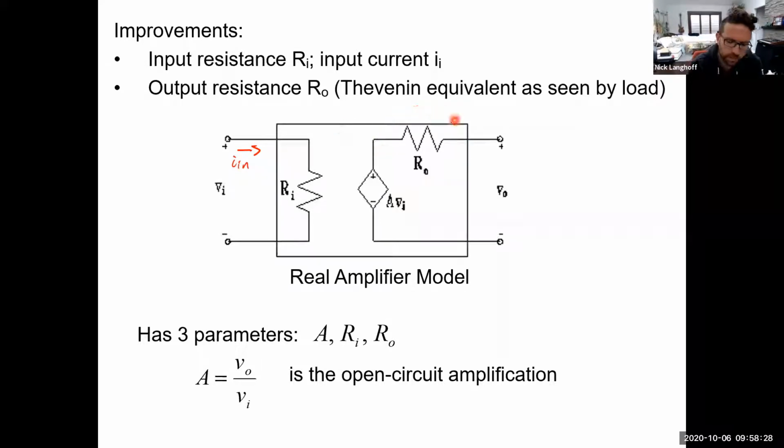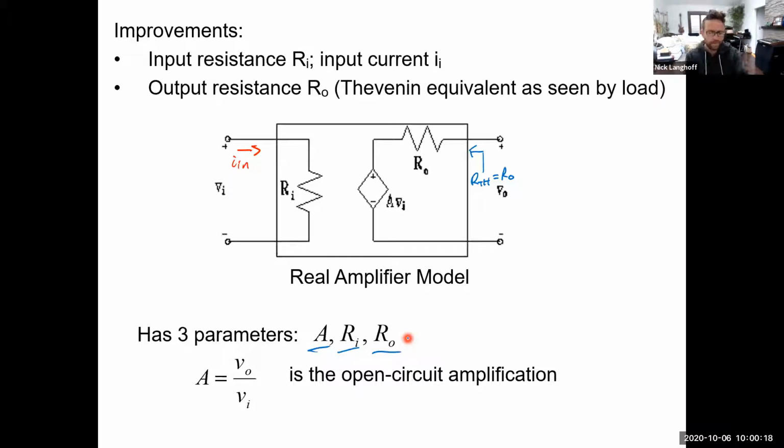And so notice also that this non-zero resistance is the Thevenin resistance that the load would see if you were to connect some load to this circuit. So the three parameters for a real amplifier are the gain A, the input resistance Ri, and the output resistance Ro.